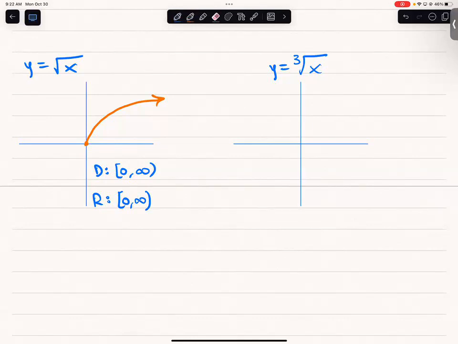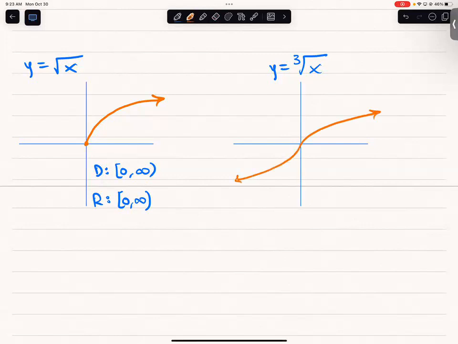You want to undo a cube, you take the cube root. The difference is this thing doesn't have the same problems that x squared does, right? The cubic is 1-to-1. This is a function. It's also 1-to-1. So if I turned it over on its side, I don't have the same stuff to worry about.